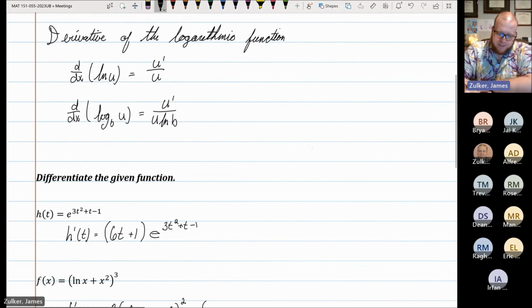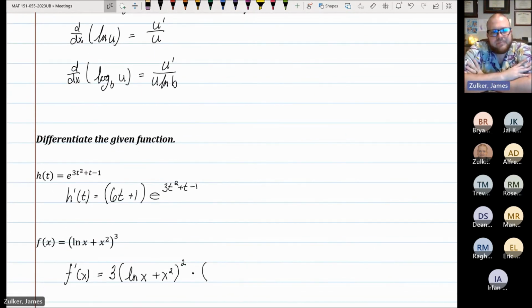Derivative of log of x is the derivative of what we're taking the log of over what we're taking the log of.